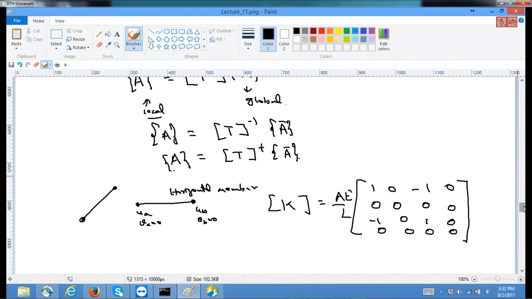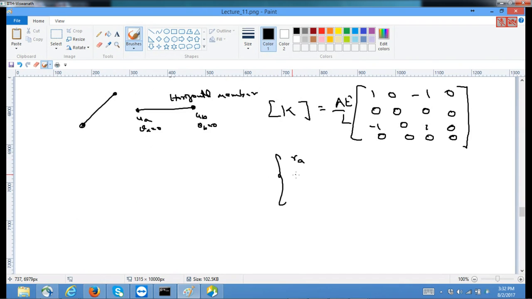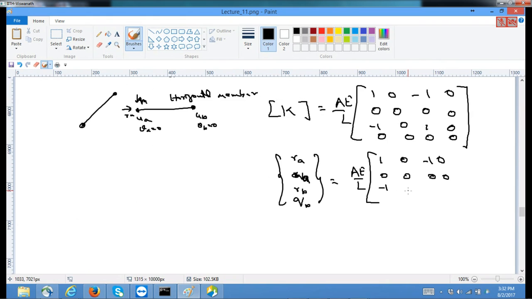That means my force vector, let me call the forces RA, QA, RB, QB, equals AE by L times [1, 0, -1, 0; 0, 0, 0, 0; -1, 0, 1, 0; 0, 0, 0, 0] times the displacements UA, VA, UB, VB.